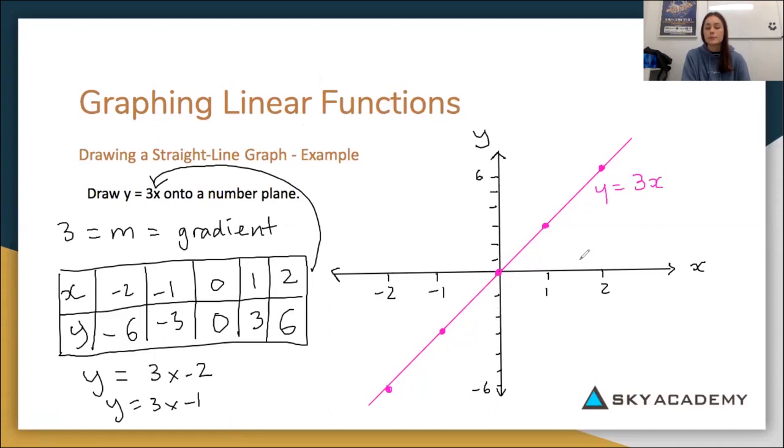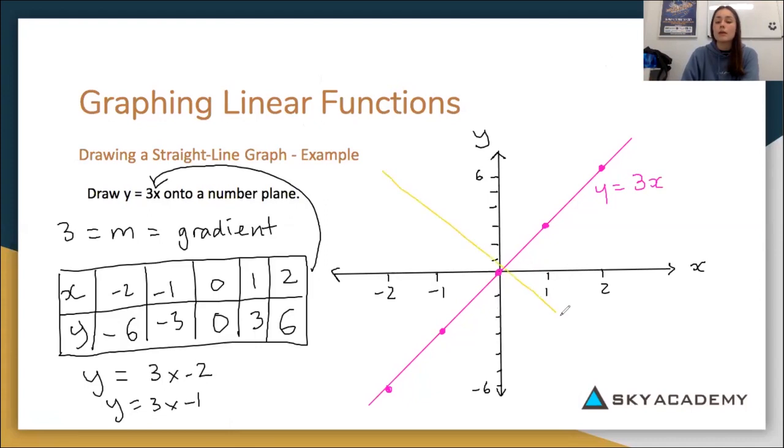So let's have a go at doing another example. The next example is going to be a little bit different because the gradient, or our x, is actually going to be negative. And if we have a negative graph, it's going to go in the other direction.